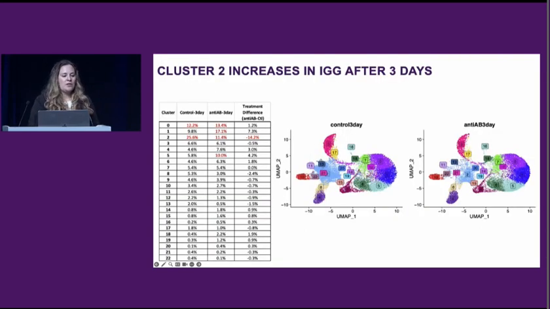So now the question was, what's happening to microglia after 3 days? Is there any change? While there is a lot of data here, I'm going to show you just highlighting cluster 2 and how this shifted. Now, if you can see, there is 25% of the cells in the control 3-day that are in cluster 2 and only 11% in the anti-A beta group.